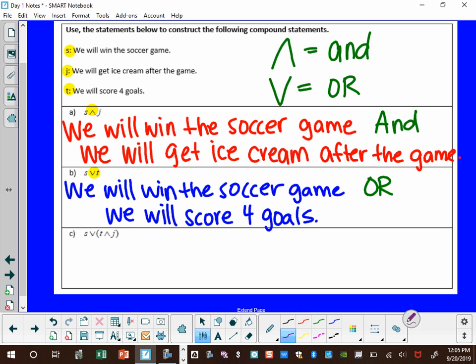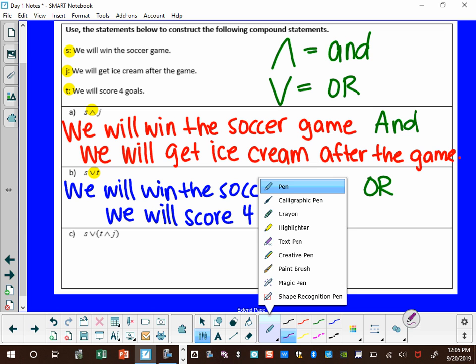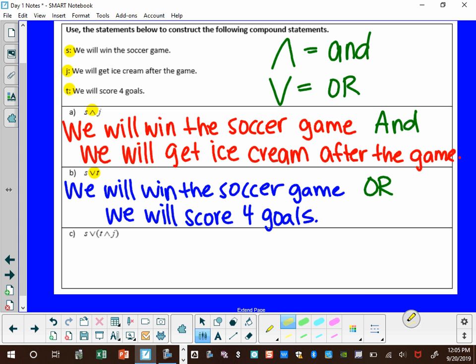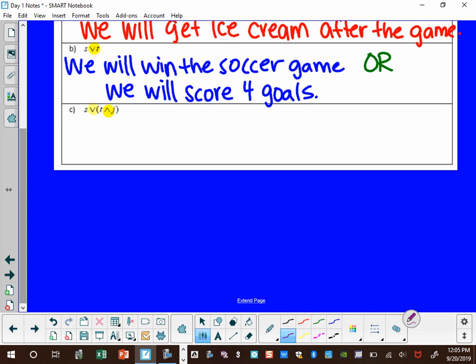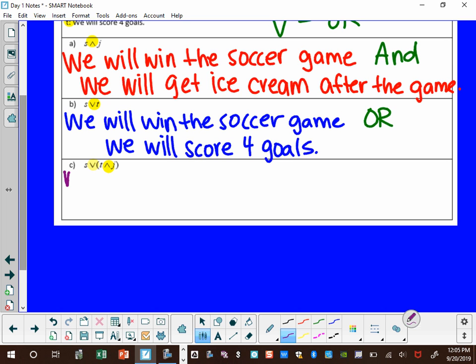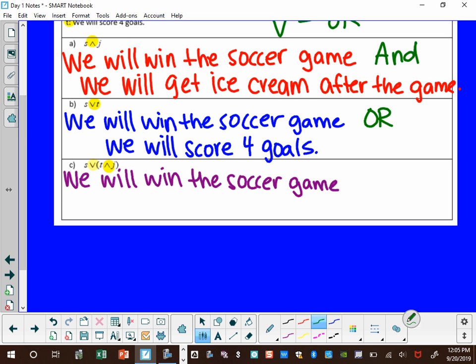All right, Jackie, the last one is yours. It's a little bit trickier because I now have two symbols. I have or, and then I have and. So how do I start this sentence, Jackie? What's my S? We will win the soccer game. And what's my symbol? Or. We will score 4 goals.